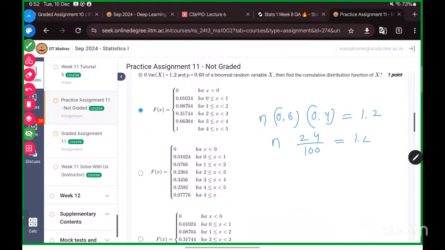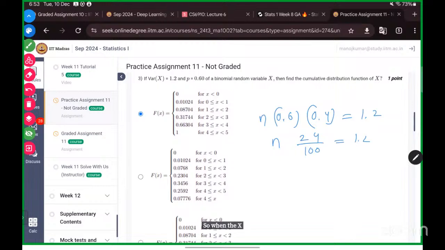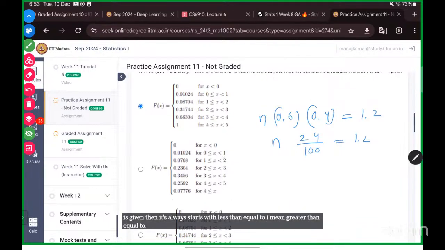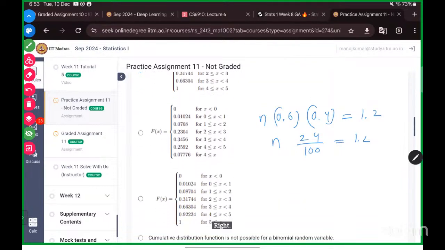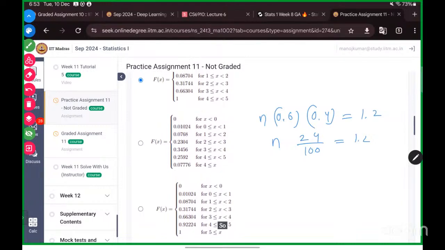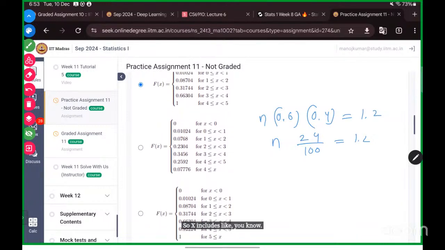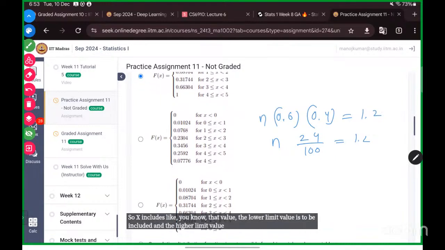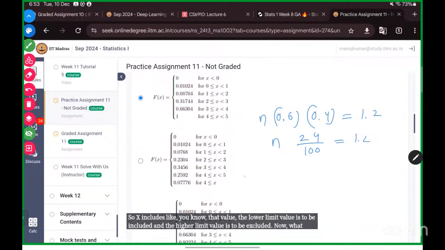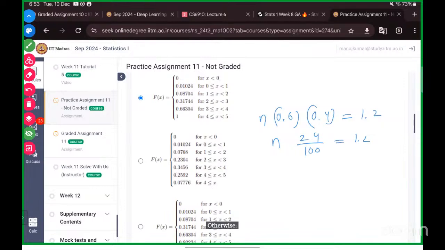So when the x is given, then it always starts with greater than or equal to. So x includes the lower limit value, and the higher limit value is to be excluded. Now what I see in here is this is basically a cumulative function. It's already given, because otherwise how can that one be for the last?